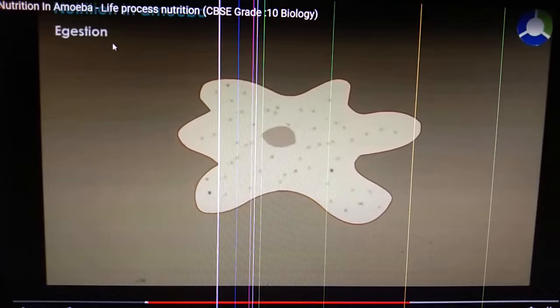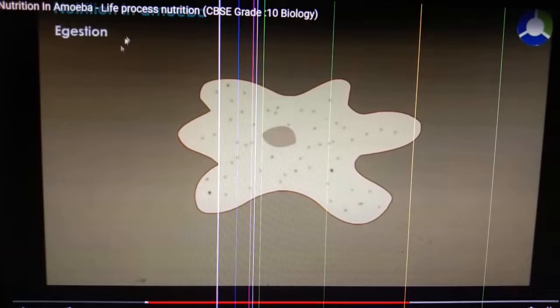Now next is egestion. What is the main purpose of taking food? The main purpose is to derive energy. After deriving energy, whatever is left is totally waste material. It is not at all useful for the organism, so it should be thrown out of the body.